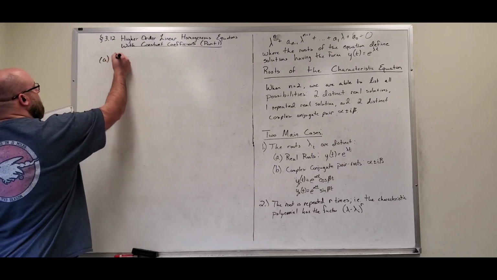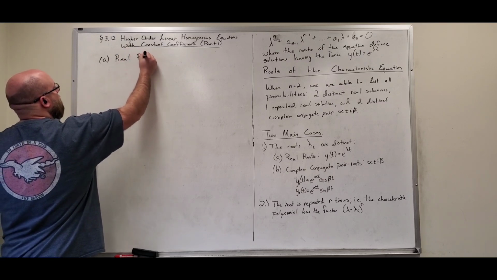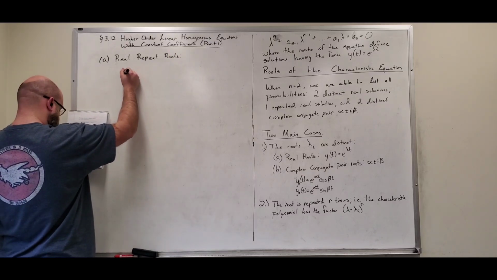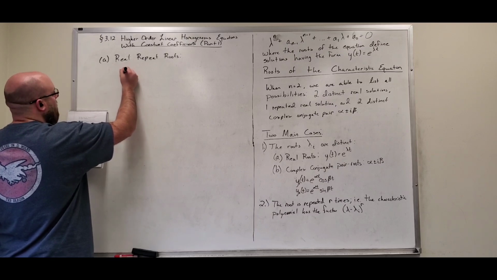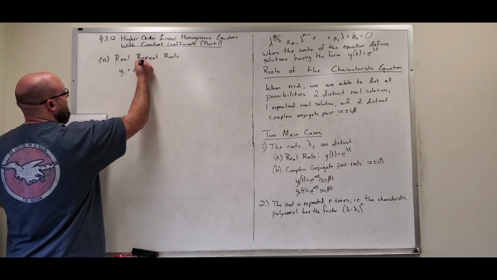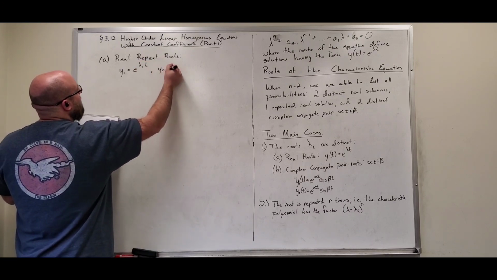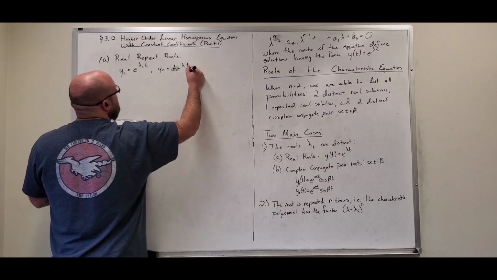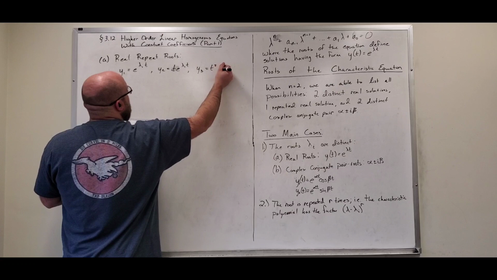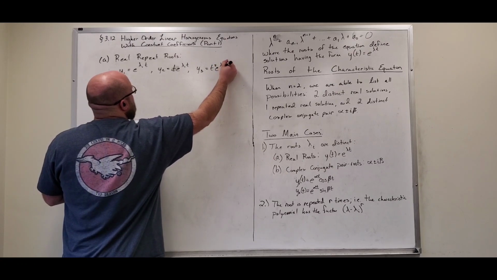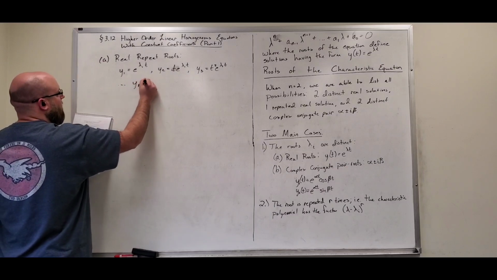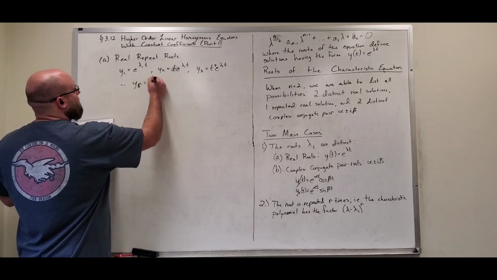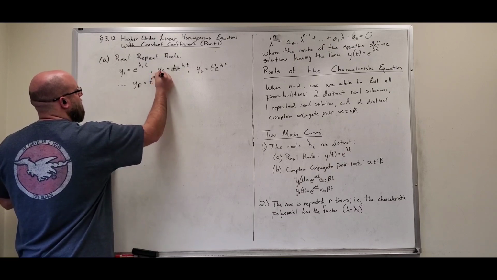If they're real repeated roots, these would be of the form, and I'm just giving an idea here, y1 is equal to e to the lambda 1 t. y2 would equal t e to the lambda 1 t. y3 would equal t squared e to the lambda 1 t, and so on, up to y sub r, where r is the number of repeats that we have, which is t to the r minus 1 e to the lambda 1 t.